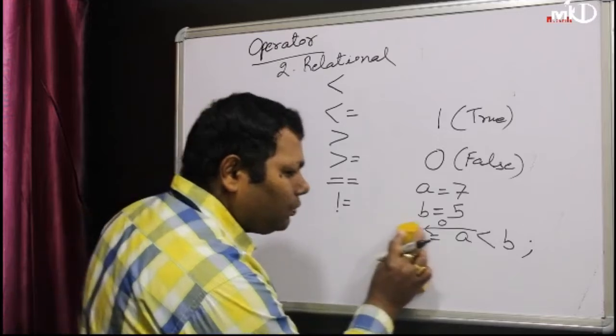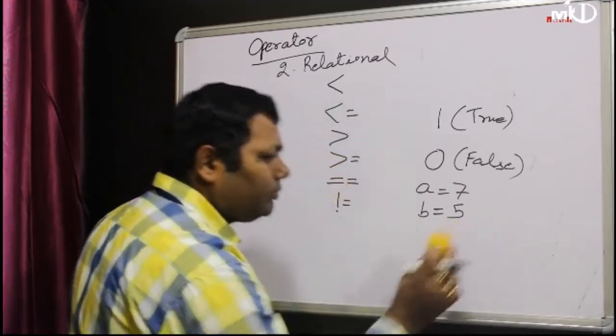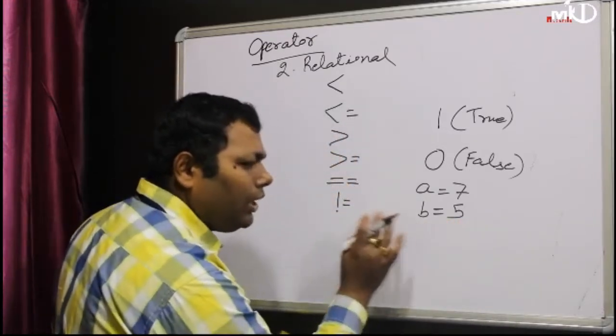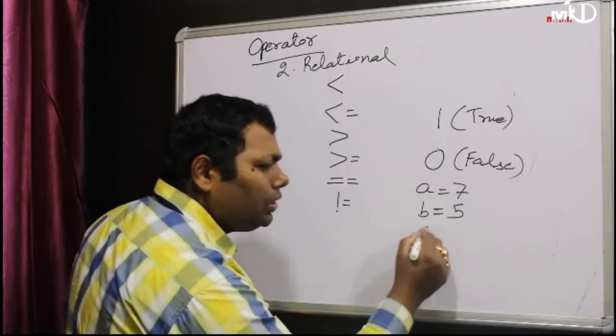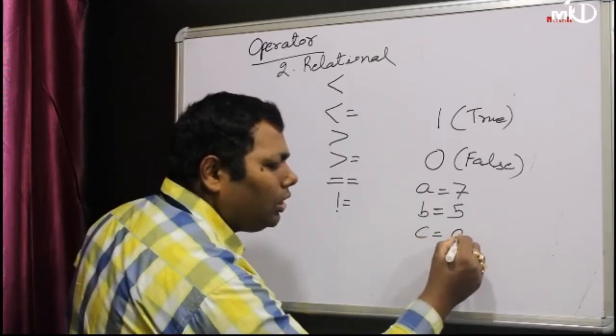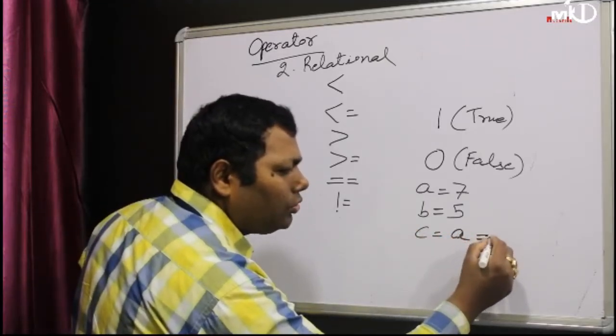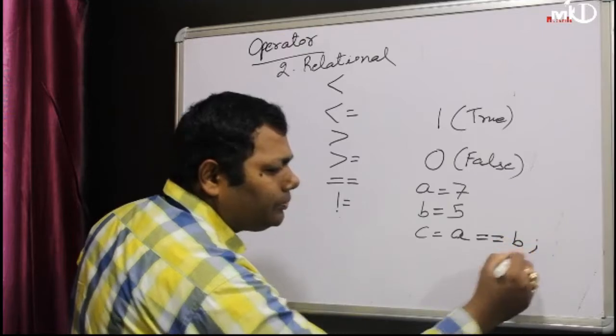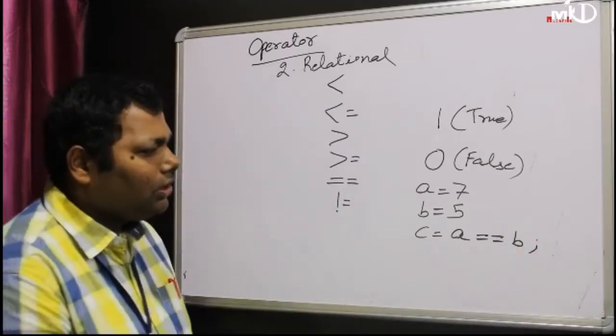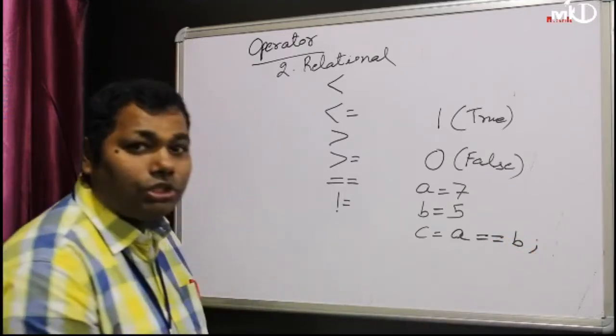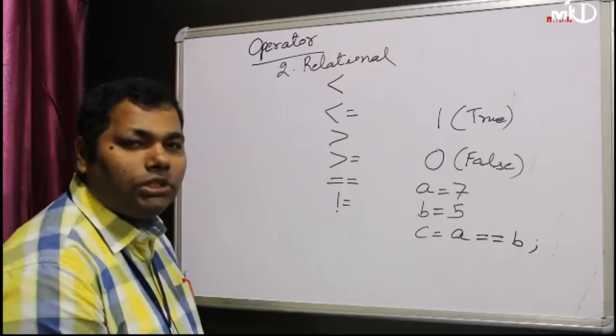Let's take another example. A equal to 7, B equal to 5, C equal to A equal equal to B. Check. Is A equal to B? Is it true? No, it is false.